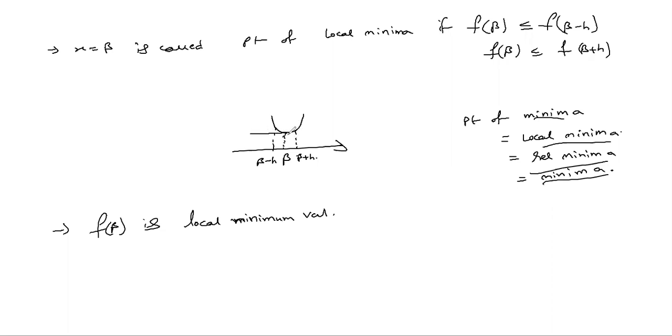So if beta is local minima, then f of beta will be its minimum value. X is equal to beta is local minima. Okay. I think it is very clear.